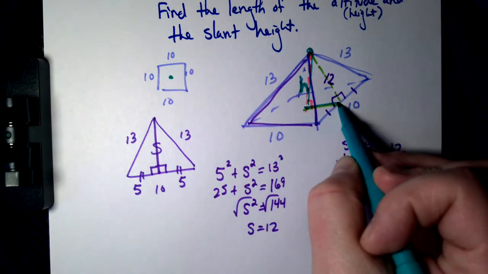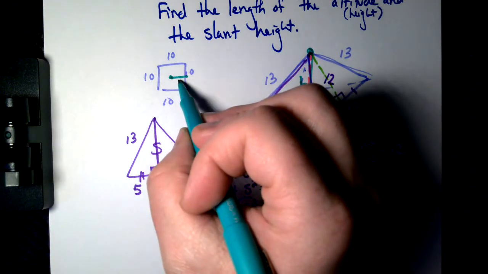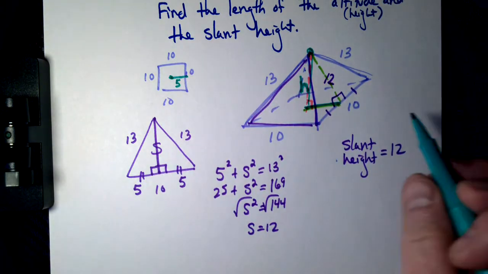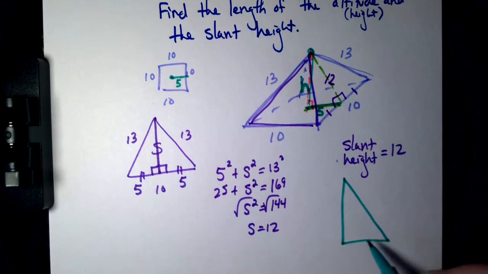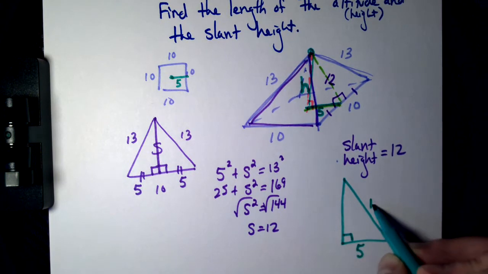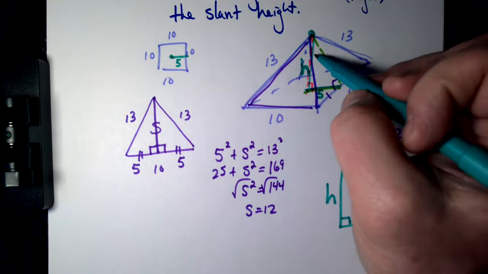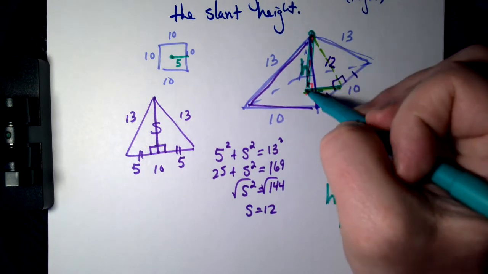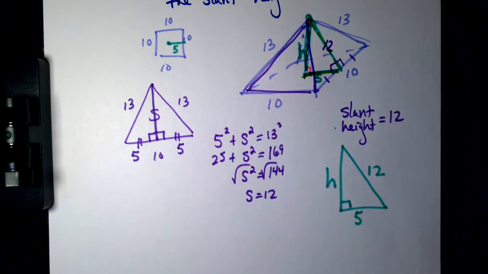When I draw this line across, that's 5 right there. So the triangle has a 5 and a 12, and this is H. That's the standing up triangle inside the pyramid. I frame the whole thing for you.